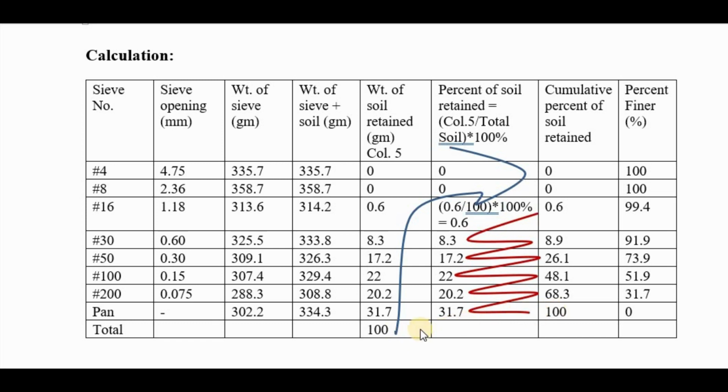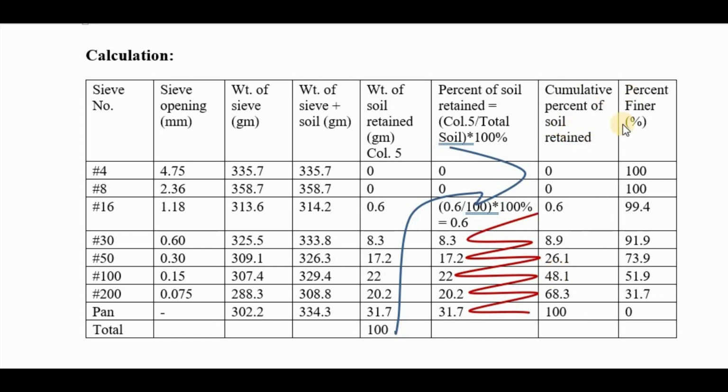You have to remember that both of these should be the same. If they are not the same, you have to think that you made a mistake in some step of the calculation.